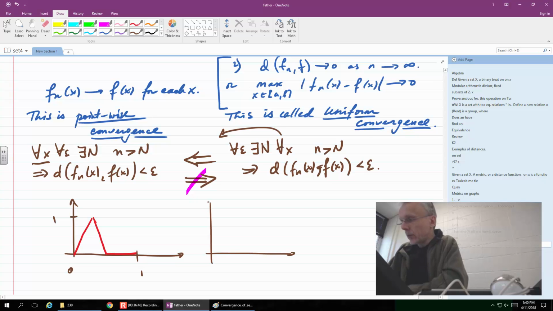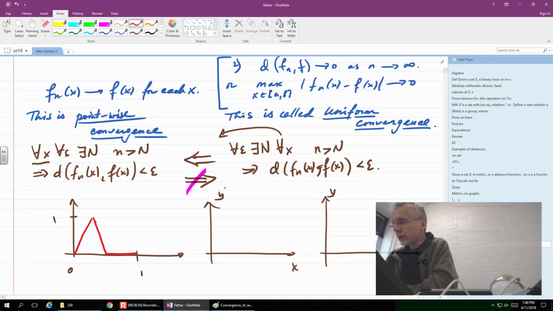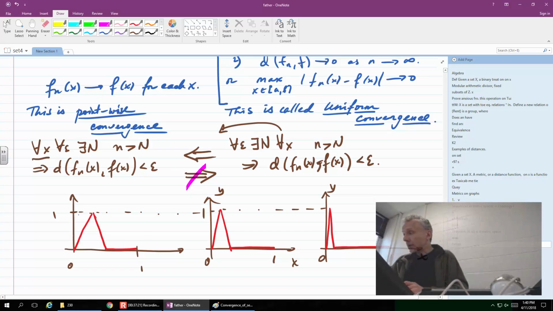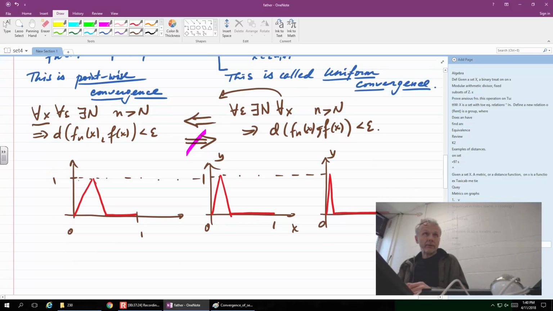Let's build a couple more iterations. So the second one will be the same picture, only narrower. The same picture, the same height of the tooth, but just narrower, and then even more narrow, like this. Okay, so let's examine what we've got here. The height is once again 1, remains 1. So let's look at the pointwise convergence first.